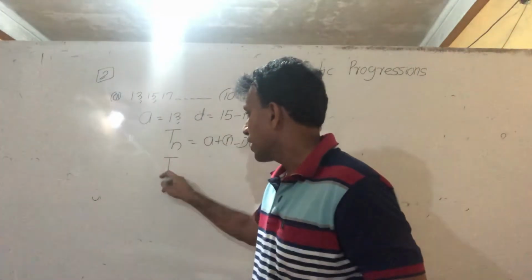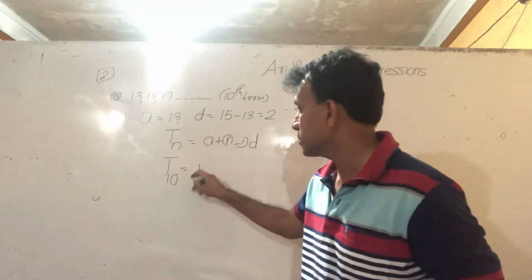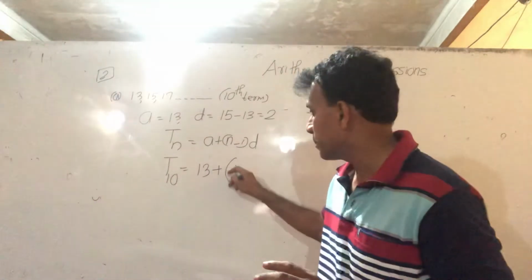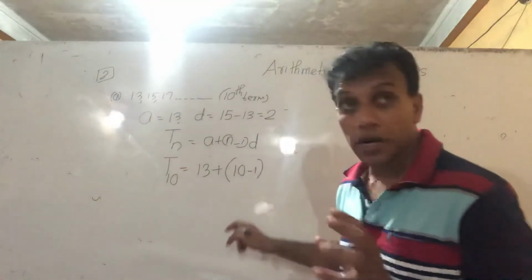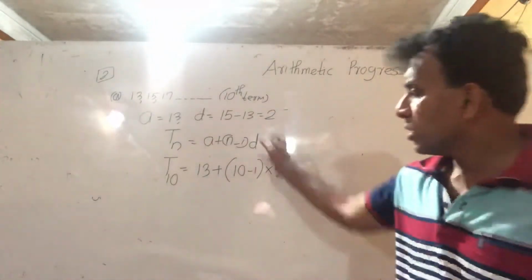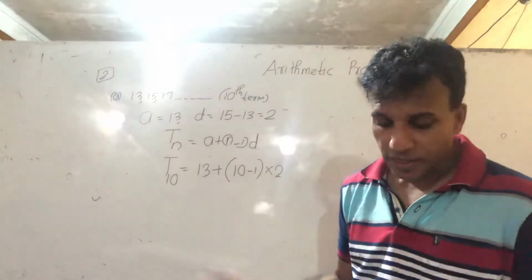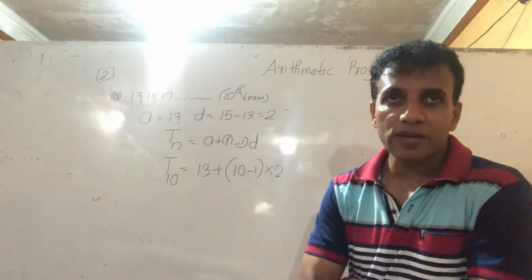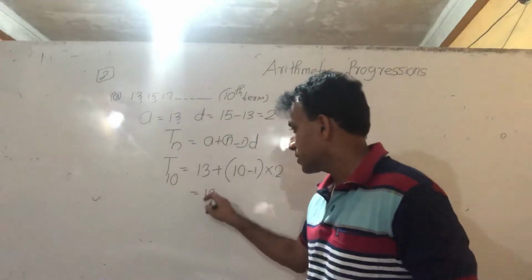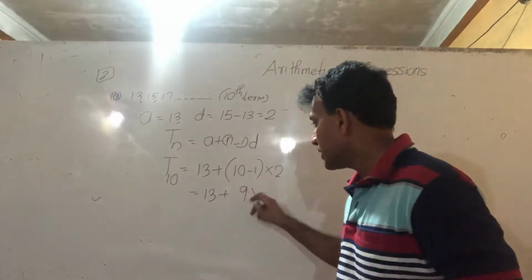T10, n is 10, equals, what is a? 13, plus n for 10 minus 1, common difference 2. That's all. Now simplify, get the answer. That's all of the grade 10 syllabus. Hereafter it's your primary work, grade 8, 9 or 7, simplification. So what is that? 10 minus 1, 9, multiply 2.